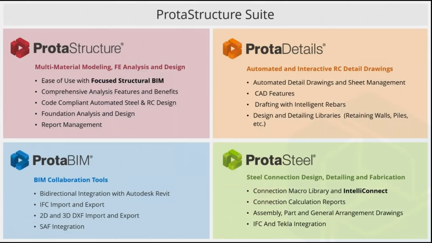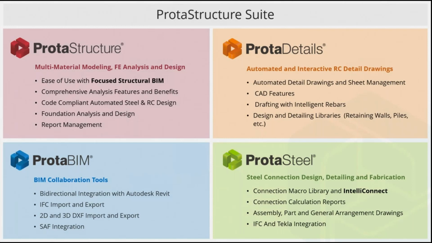Now, you're looking at the four modules of the ProtaStructure suite, and we call it the ProtaStructure Enterprise Suite. It starts with ProtaStructure, which is the core system for modeling, analysis, and design of your structures. It is then complemented with Prota Details, which is a CAD system for automated detailing and drawings.